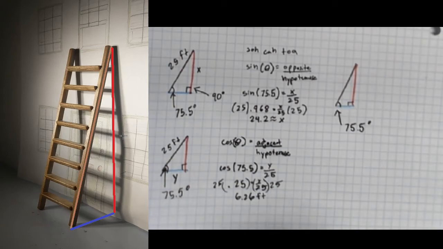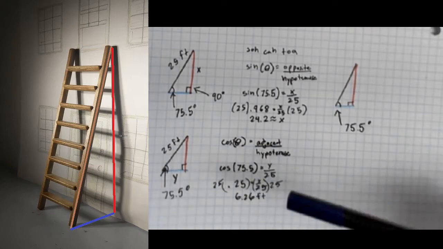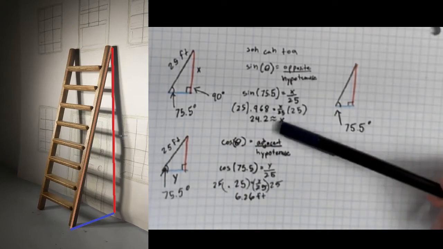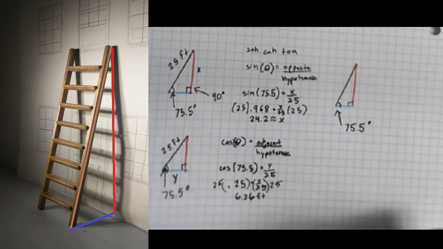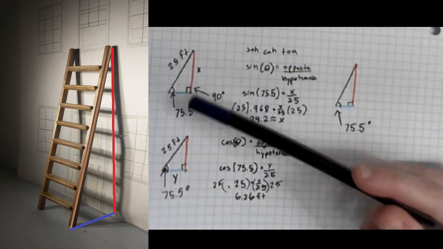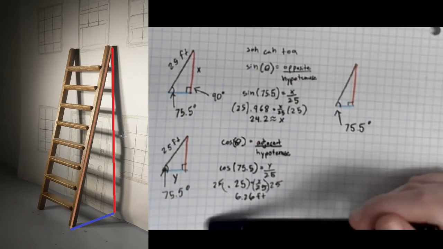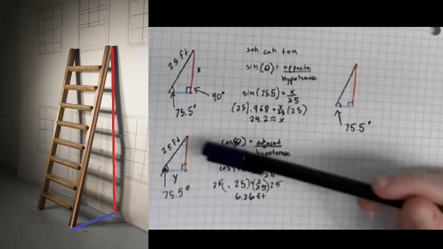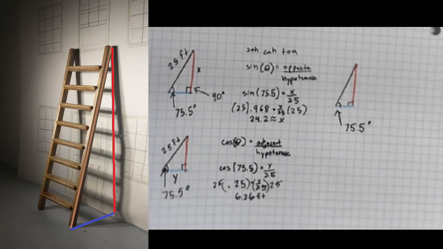So instead of finding a measurement for this, I went a different route and found what percent the distance from the window to the ground would be of the height of the ladder, because they're all similar triangles.